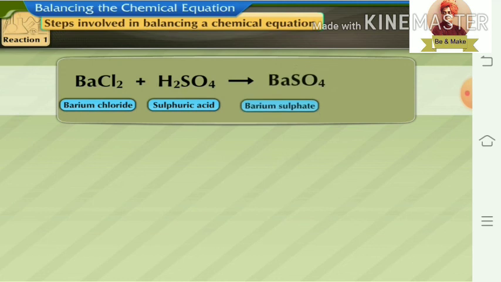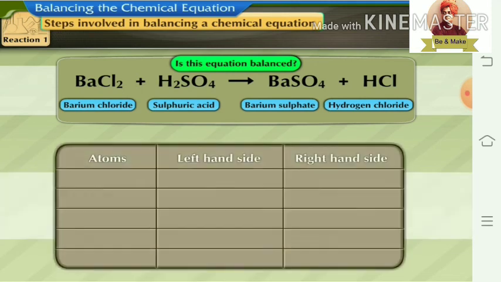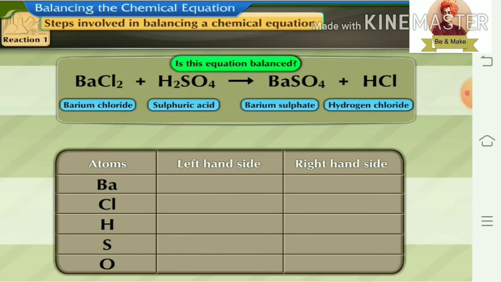Now the second reaction: barium chloride when reacted with sulfuric acid gives barium sulfate and hydrochloric acid. If it is in gaseous state, it is called hydrogen chloride.